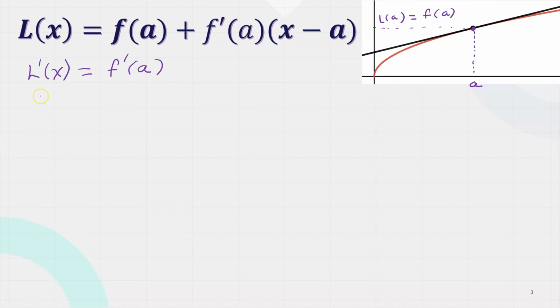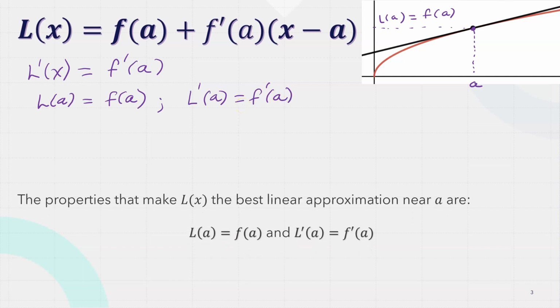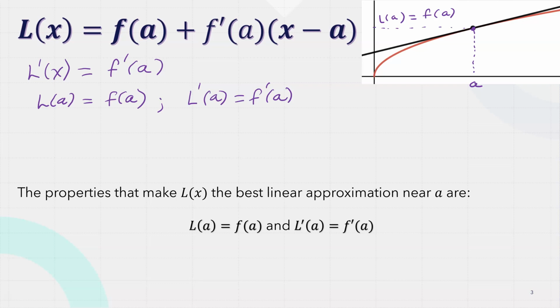So not only with the linear approximation is L of a equal to f of a, we also have L prime of a, the derivative of that linear approximation, the same as the derivative of the function value. And those are the characteristics that make this linear approximation the best fit, the best approximation near a.